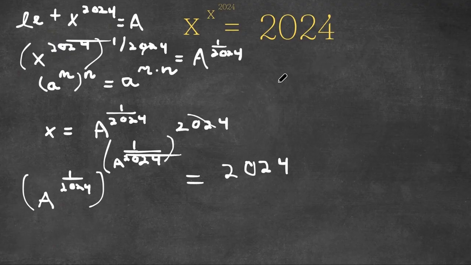So now we get a to the power of 1 over 2024 to the power of a is equal to 2024.